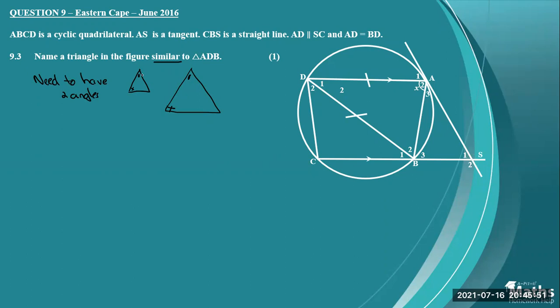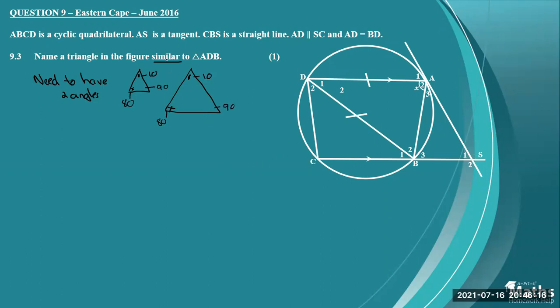For example, if this one is 10 degrees and this one is 10 degrees, let's say this one is 80 degrees and this one is 80. So 80 plus 10 is 90. Therefore, this one can only be equal to 90 because of interior angles of a triangle.